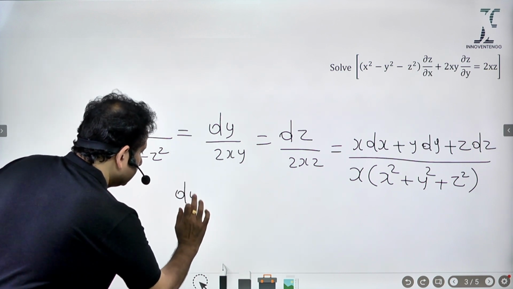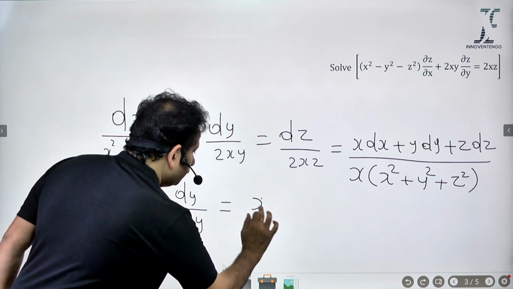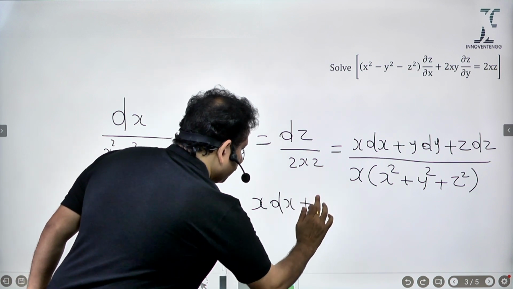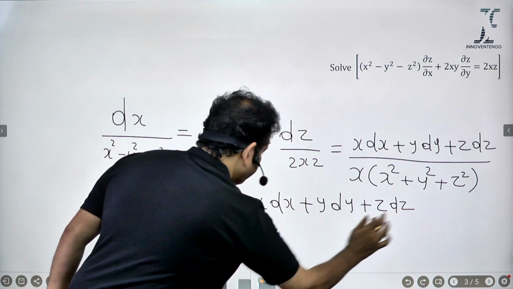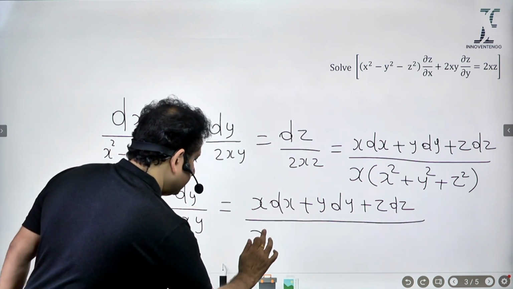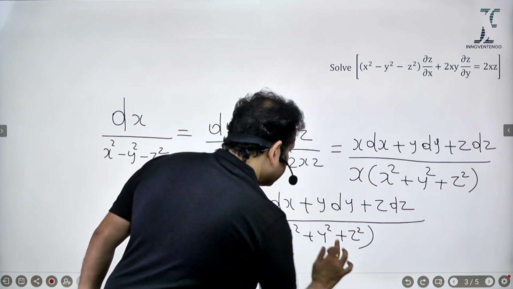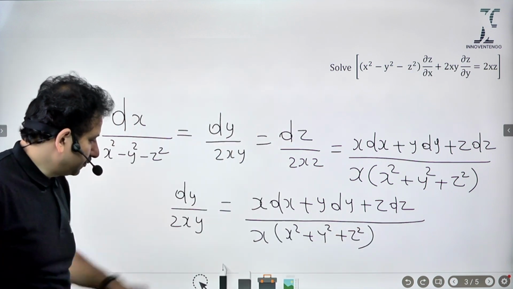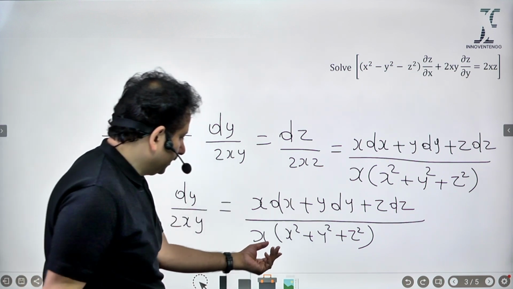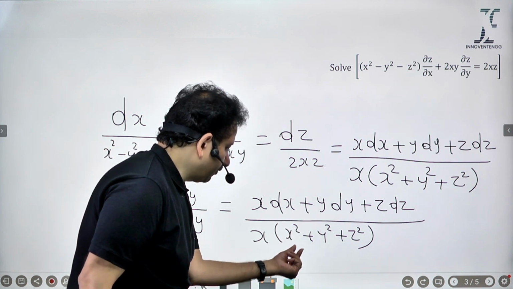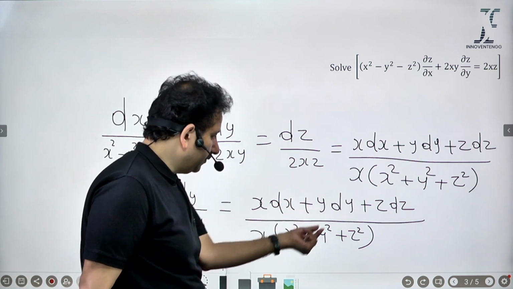So what I get here is, when I equate that, I get 2xy, that's equal to x dx plus y dy plus z dz divided by x into x square plus y square plus z square. Look at the opportunity here. X would get cancelled, 2 will go to the numerator, and you can see here in the denominator you have x square plus y square plus z square. In the numerator you have 2x plus 2y plus 2z.